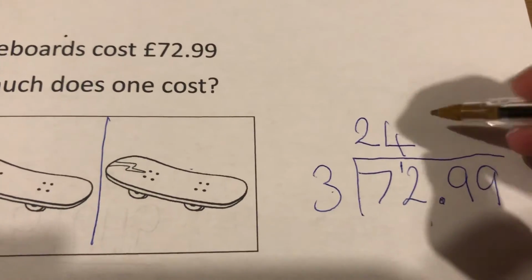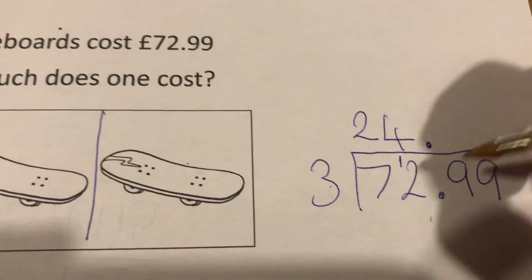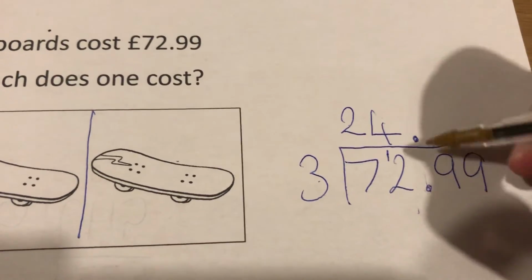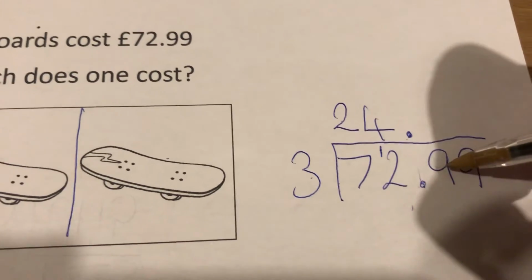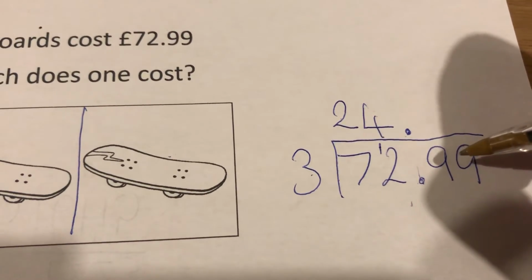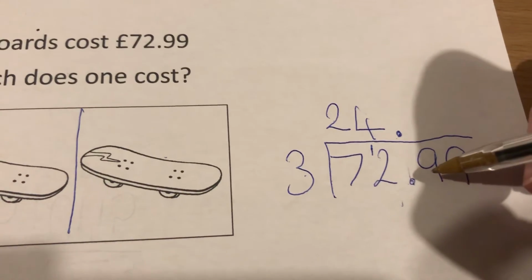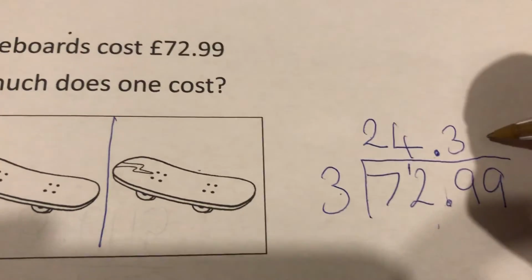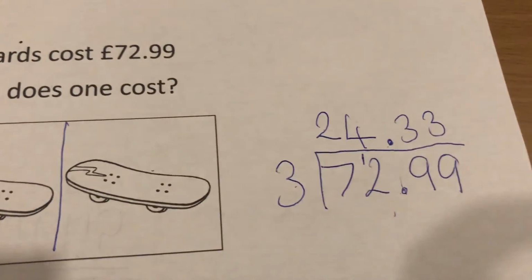If the decimal's in the house, raise it to the roof. So you keep it directly in line. And then you just carry on to the tenths and the hundredths. So 9 divided by 3 is 3. 9 divided by 3 is 3.